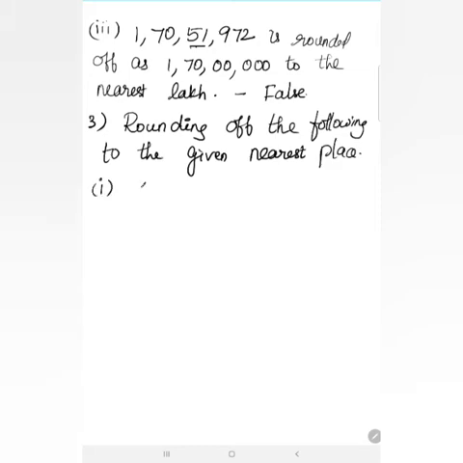The first one is 4,065, hundreds place. Here, see this, the hundreds place, that one is 0. Okay.